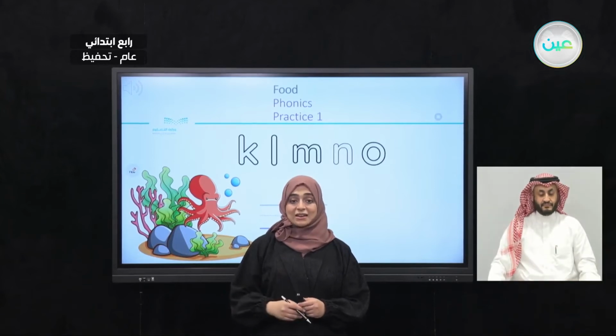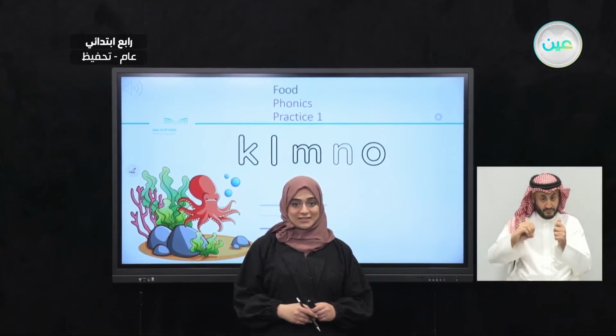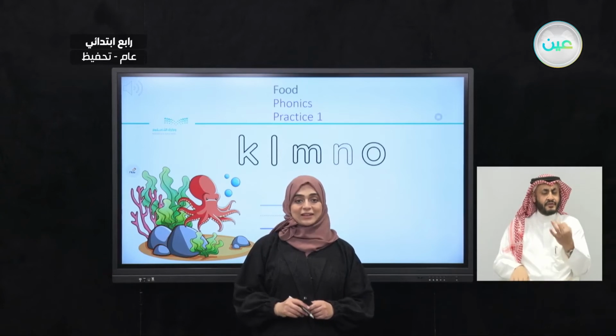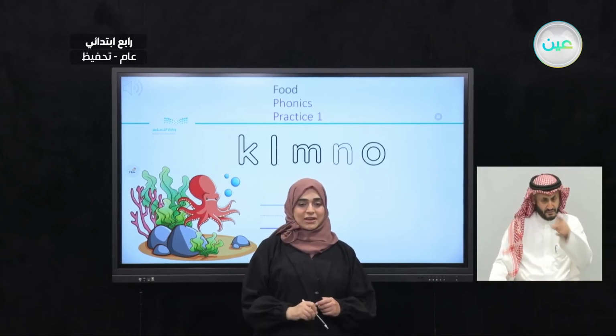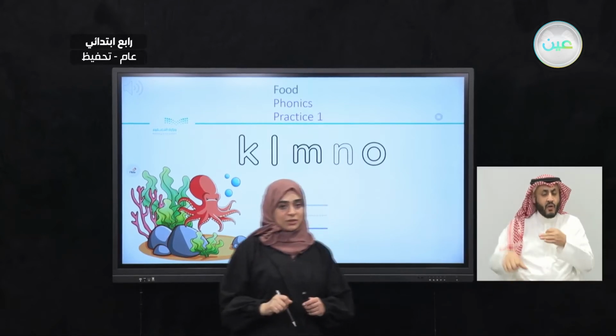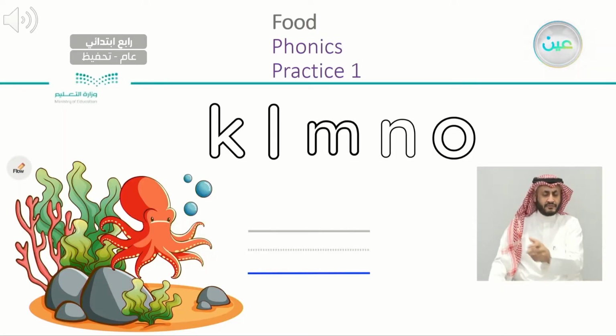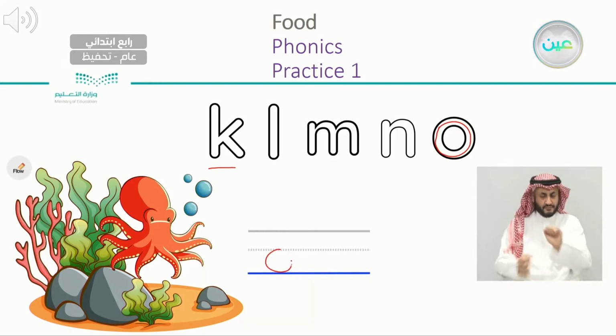This is an octopus. How many legs does it have? 8 legs. Excellent. Let's write together the letter that makes the o sound. Which one do you think it is? So we said K for kiwi. Excellent. The letter O. This is a short letter. O, lowercase o. Excellent job.